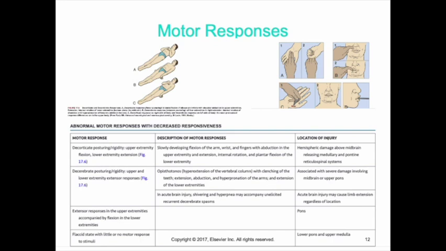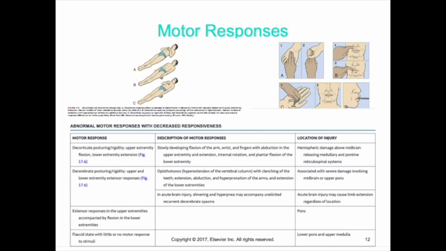A purposeful response is going to require an intact corticospinal system. So when there's purposeful response, we know at least that corticospinal system is working. With the non-purposeful movement, this actually will provide evidence that there's severe dysfunction of the corticospinal system. Now, the motor signs will indicate a loss of cortical inhibition, and these are commonly associated with decreased consciousness.